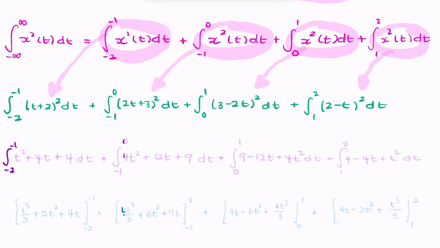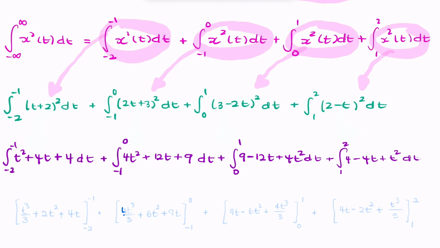That's from minus 2 to minus 1 of t squared plus 4t plus 4 dt, plus from minus 1 to 0, 4t squared plus 12t plus 9 dt, plus the integral from 0 to 1 of 9 minus 12t plus 4t squared, plus 4 minus 4t plus t squared.